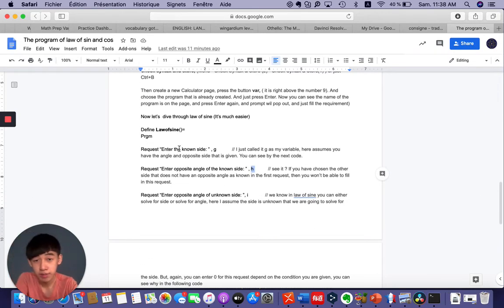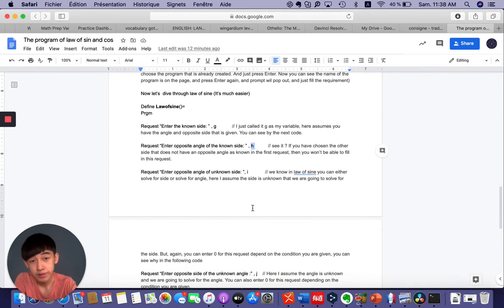So here I enter the known side, and then enter the opposite angle of the known side, and then enter the opposite angle of the unknown side. If you don't know which case I'm doing, you can read the explanations here.